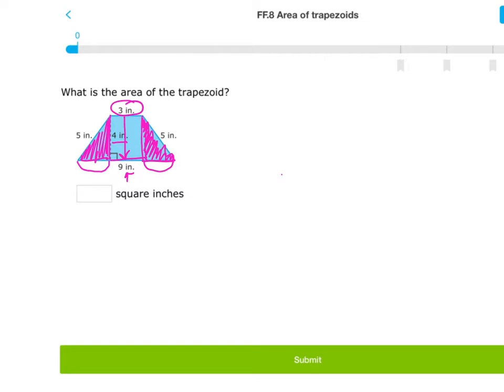And so to find out just what the bottoms of these 2 triangles are, I would take the whole thing all the way across, or 9, and subtract the 3 that's across the top here, where I'm cutting this right out of there. And so when I take 3 from 9, I get 6. And that means together, these 2 triangles' distance across adds up to 6 total.